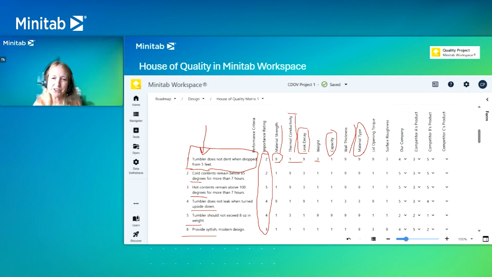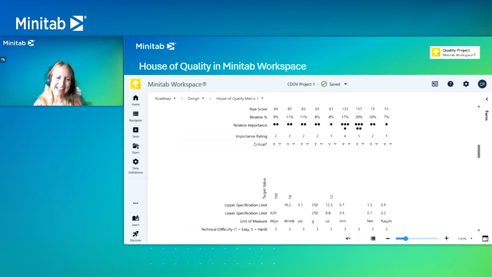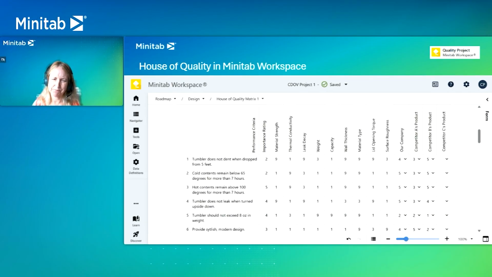What that will help us do is, first of all, we can compare how we're doing to our competitors. It will also help us decide which ones are really the most important. And so here the most important ended up being related to the material type. It's a little hard to see because these tie together when they're on the same page.